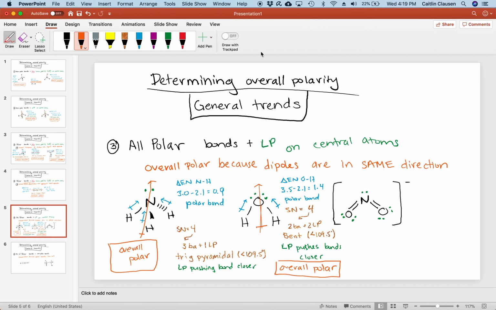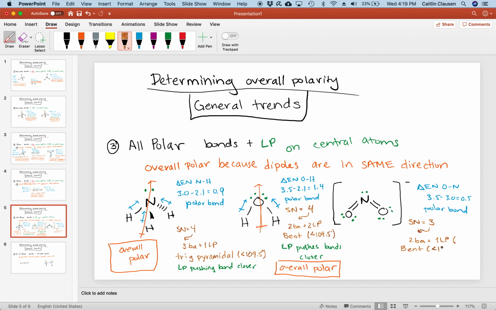You can use similar reasoning for NO2. Delta En, nitrogen and oxygen, 3.5 minus 3.0 equals 0.5. Polar bond. Steric number is 3, 2 bonded atoms plus 1 lone pair. That lone pair tells me that we are bent.